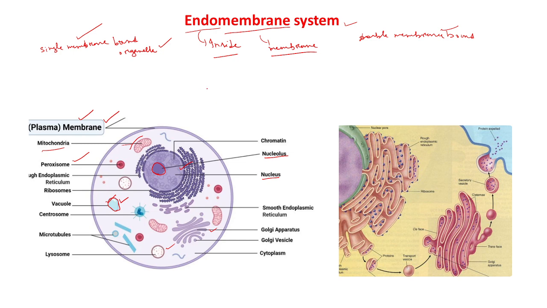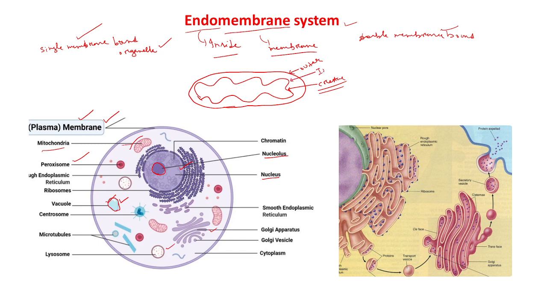For example, the mitochondria looks like this. This is one layer, and inside that layer there is a structure like this, which is called the cristae. So in the mitochondria, two membranes are present: this is called the outer membrane and this is called the inner membrane.